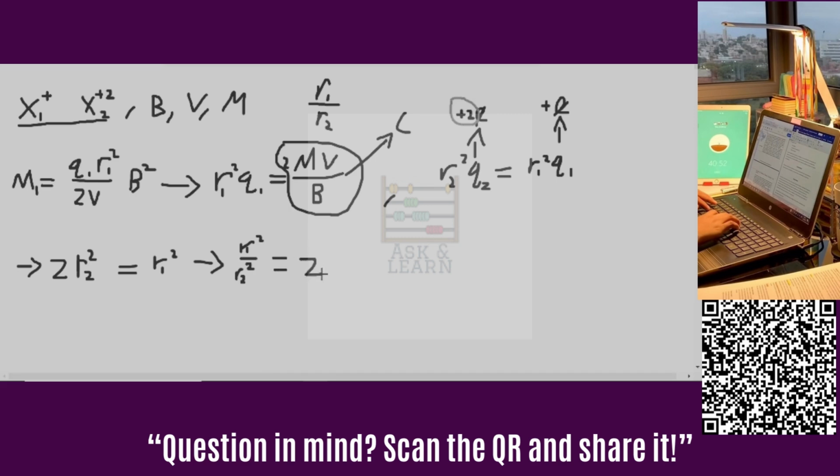So now we need to take the square root to get rid of this square, which gives us our ratio. We have R1 divided by R2 is equal to the square root of 2. And that's your answer.